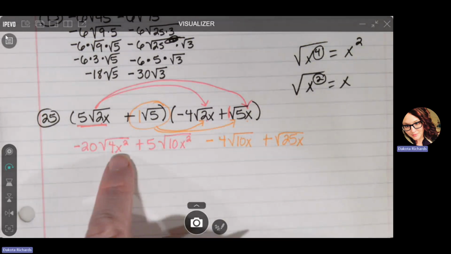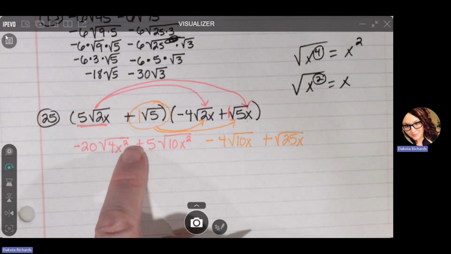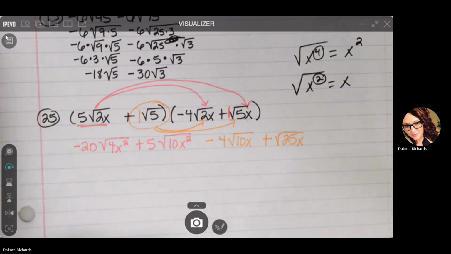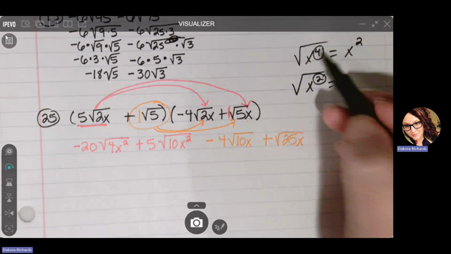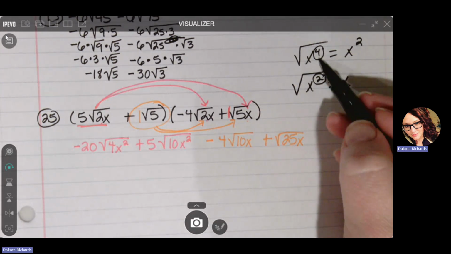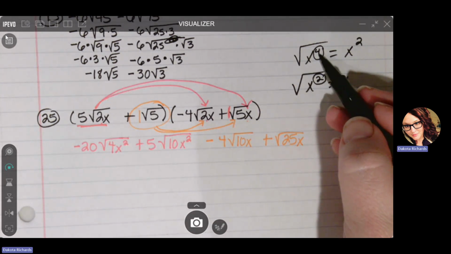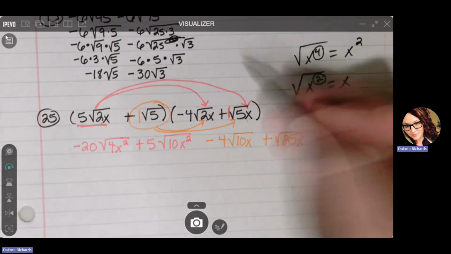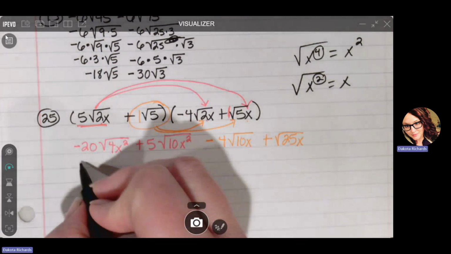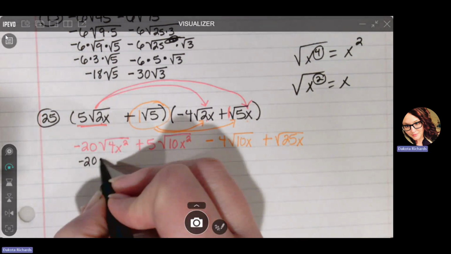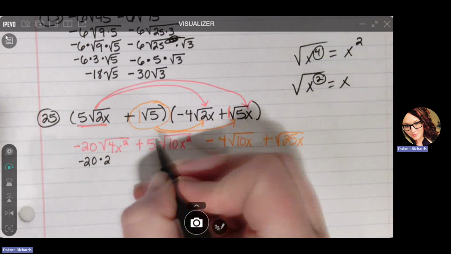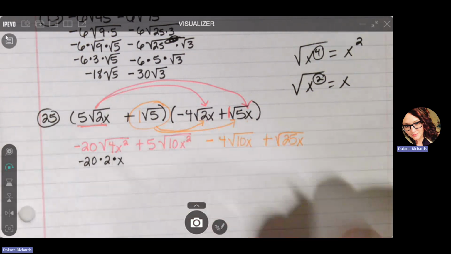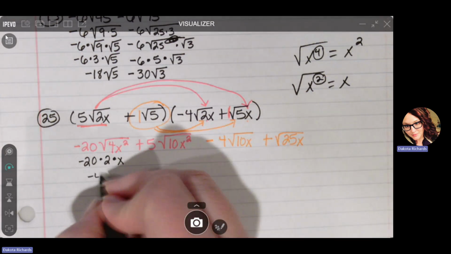So the square root of x squared, 2 divided by 2 is 1. Again, if it's a variable and it's got an exponent, and that exponent is an even number, it is a perfect square, and it can come outside the radical. So we've got -20, square root of 4 is 2, square root of x squared is just x. So we have what, -40x.